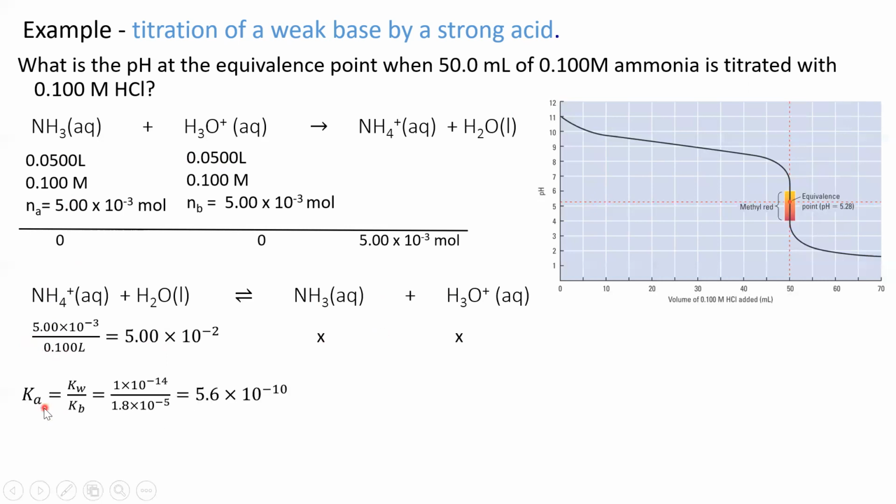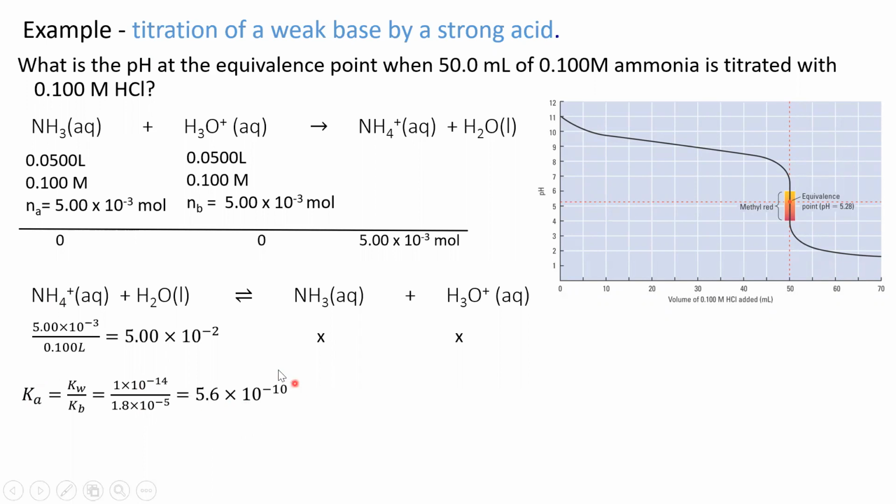So I'm going to give you this. You'd look it up. The Kb for ammonia is 1.8 times 10 to the minus 5. The Ka for ammonium is 5.6 times 10 to the minus 10. So now we're at the point where we're looking at just a weak acid equilibrium.